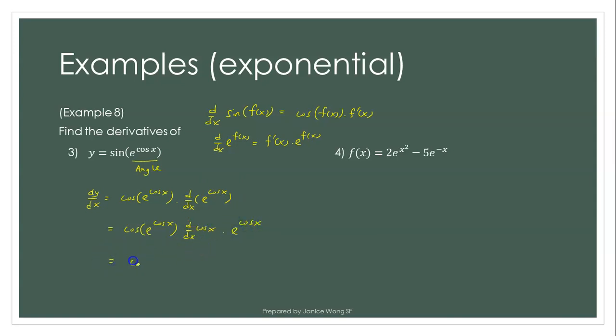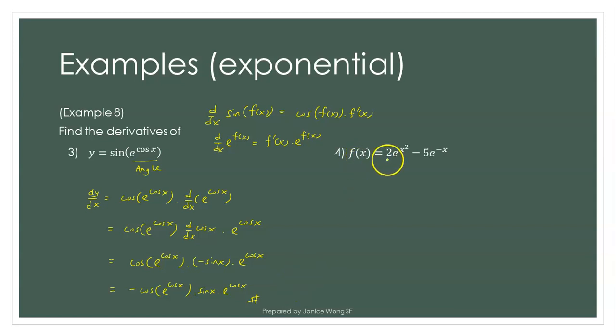So continue, simplify it, cos of e to the power of cos x times, differentiate cos x, we get negative sin x times e to the power of cos x. Continue to simplify the answer. So overall, it is negative cos of e to the power of cos x times sin x e to the power of cos x.